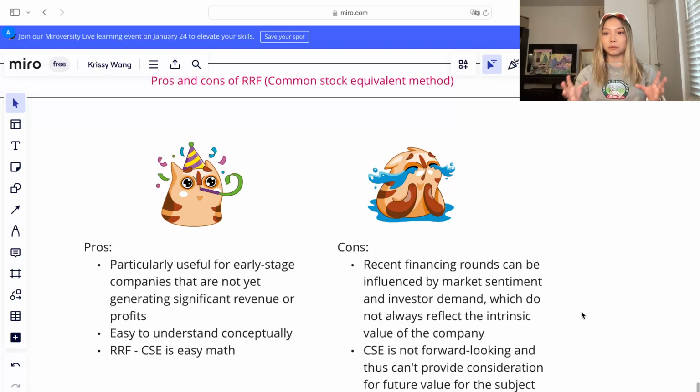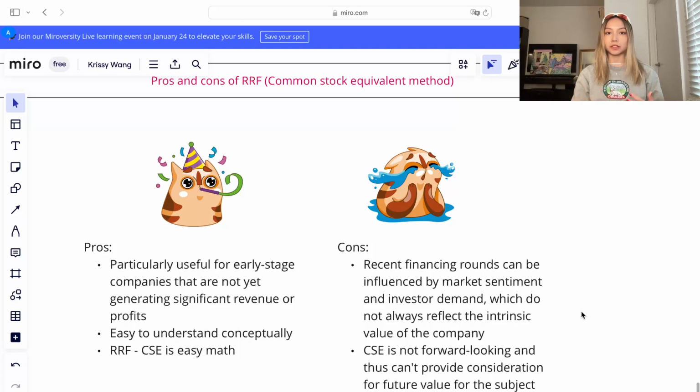There's definitely so much market hype, sentiment, and excitement around AI technology, and people wanting to position themselves as a participant of a leading company, a leading startup. So people are willing to pay that premium. But does that really reflect the intrinsic value of the company? It depends on how you think about it.